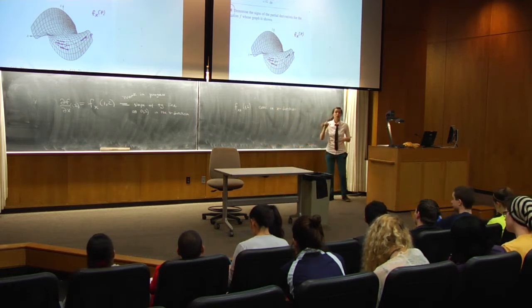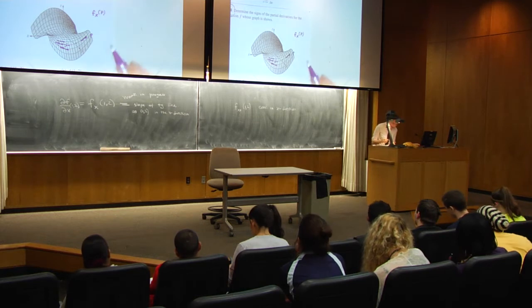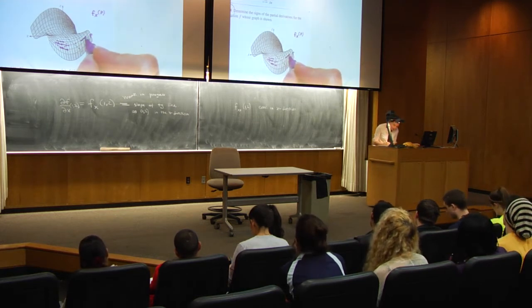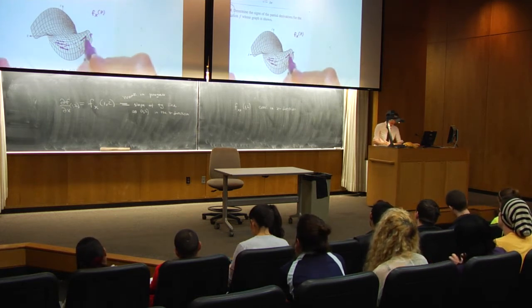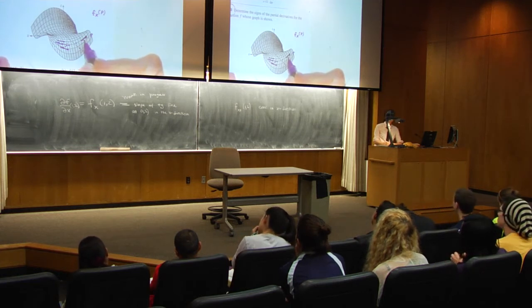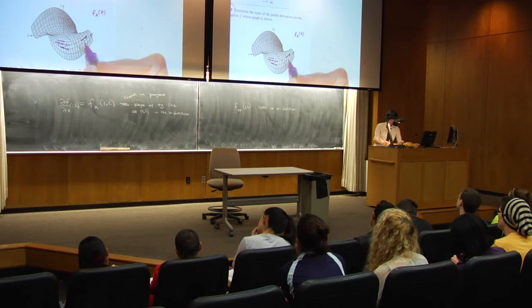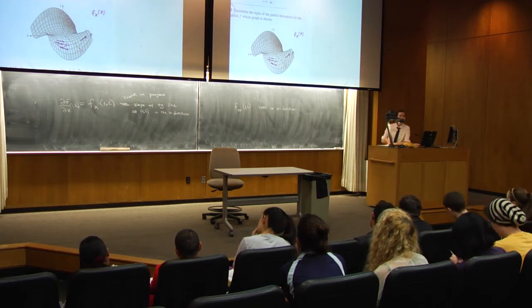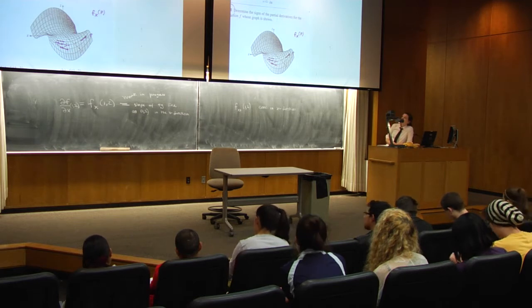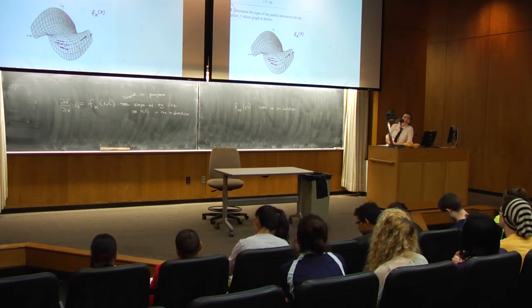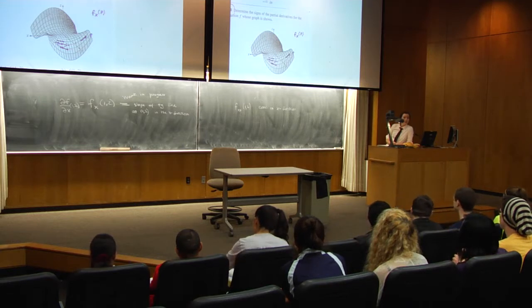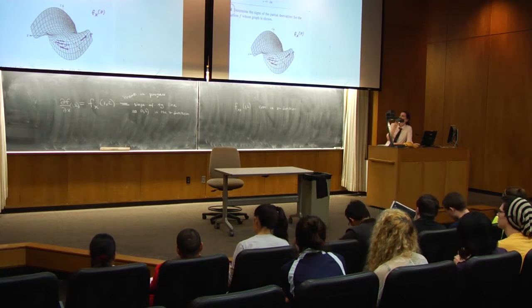For example, over here, let's take this point B. Does it have a positive fxx or a negative fxx or 0? Positive. Positive what? What am I looking at to decide whether it's positive, negative, or 0?